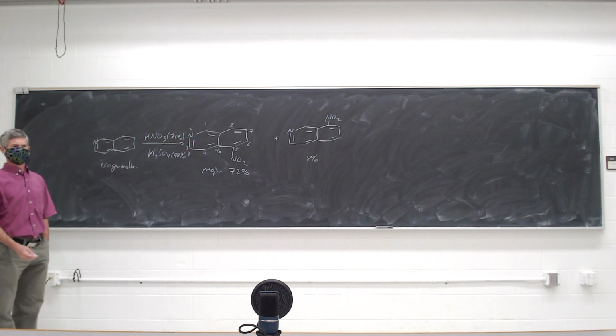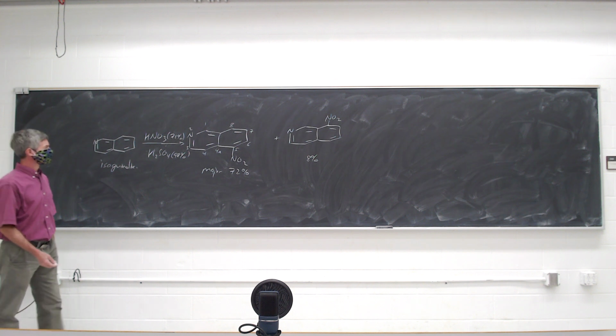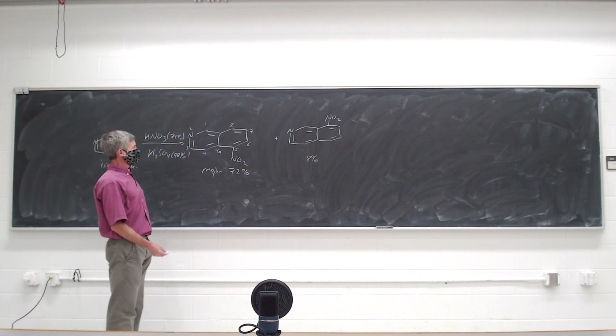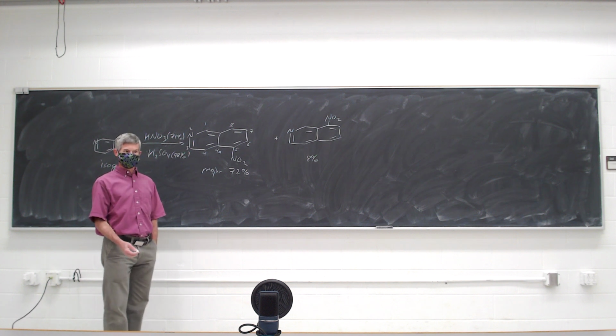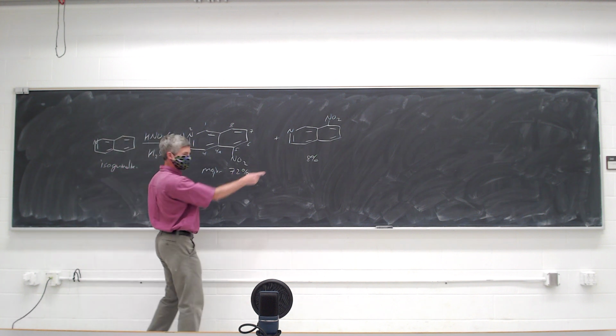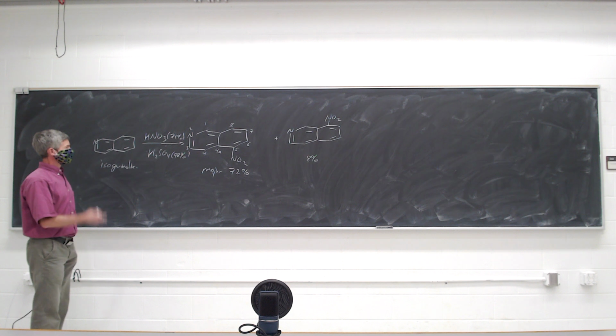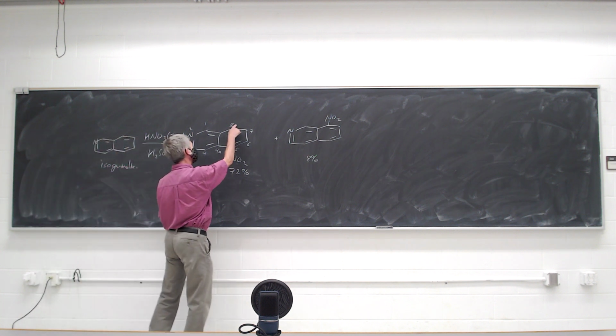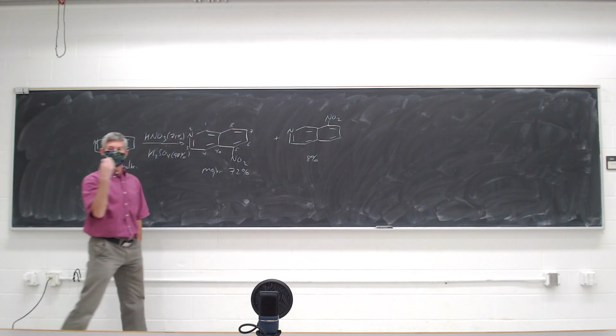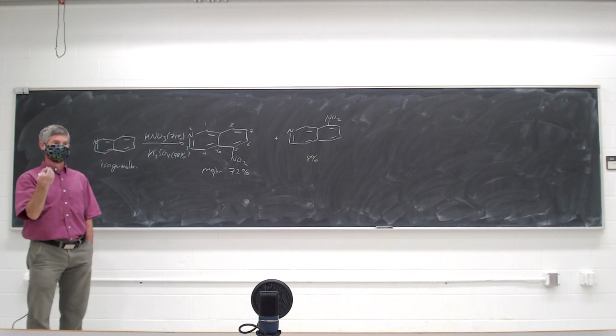So why is that? We could draw another 10 resonance structures, 5 for attack here and 5 for attack there. We know that attack in either of these positions adjacent to the ring is going to give me 2 resonance structures that are aromatic, right?